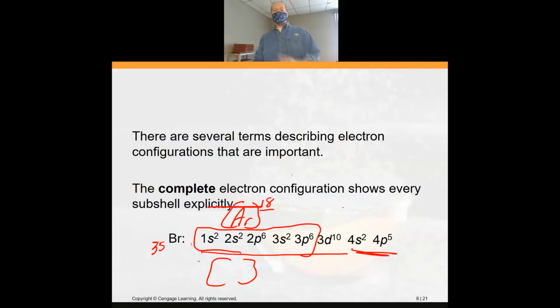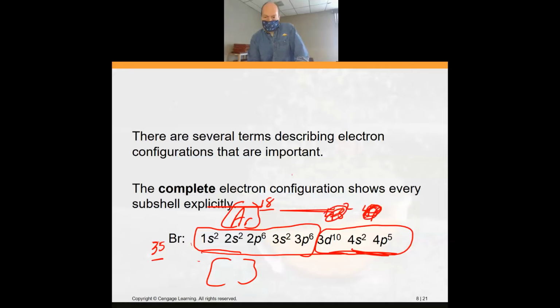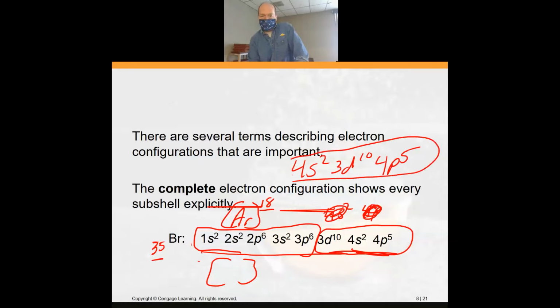And you follow the buildup rule until you hit 35 electrons, and then you stop. Now note, when you do the buildup rule, it comes out to be 4s2, 3d10, and then 4p5. I don't care if you write it this way or if you write it this way.